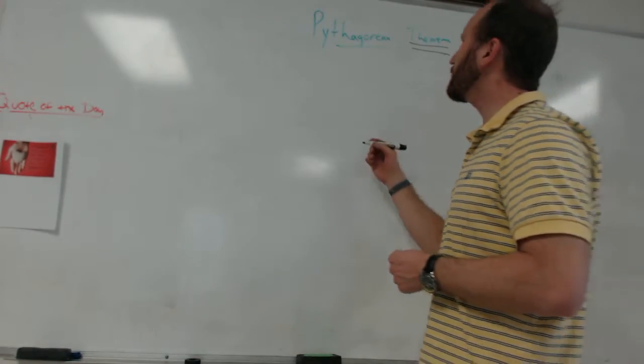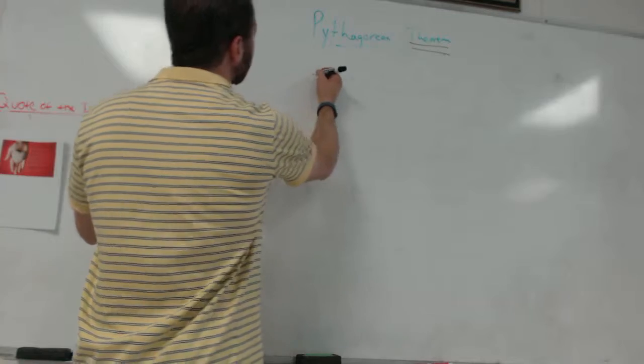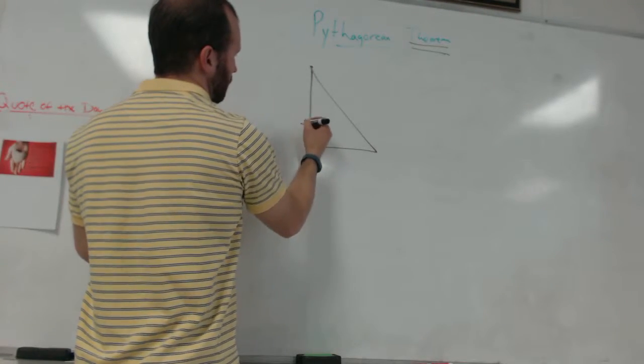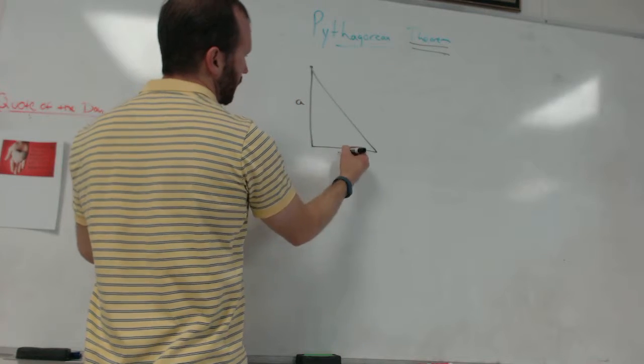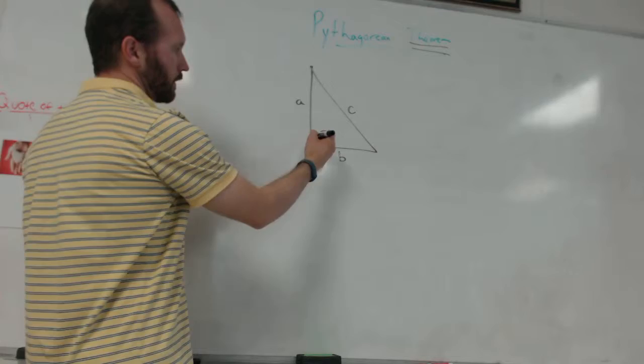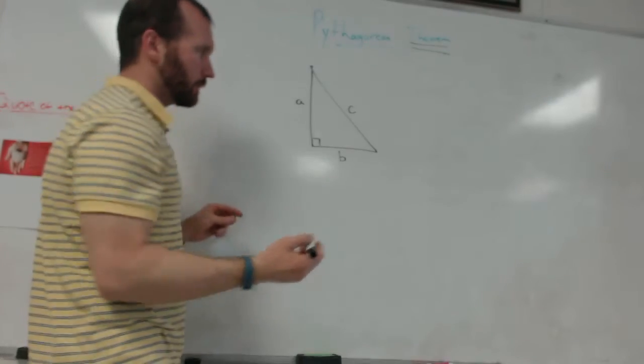So the Pythagorean Theorem says, A, B, and C. This is a 90-degree triangle.